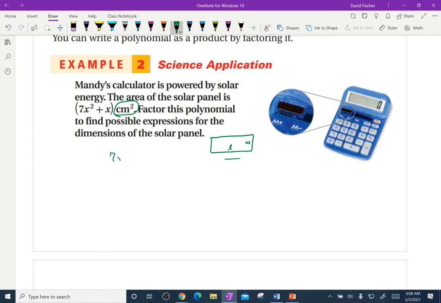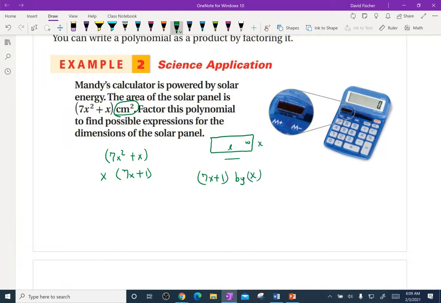So I'm going to look at 7x squared plus x, and I want to ask, what can I factor out of that? The only thing I see is 7 and 1. 7's prime, so nothing there, but I can factor out an x. So I get a 7x plus 1. So this calculator's dimensions are 7x plus 1, in parentheses, we use the word by, and x.